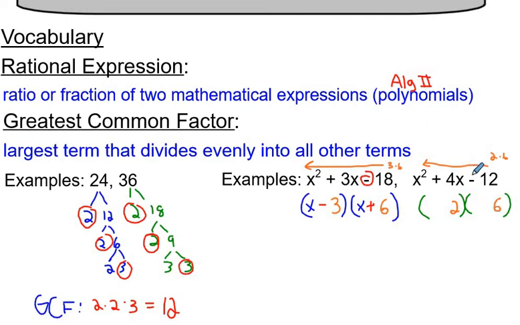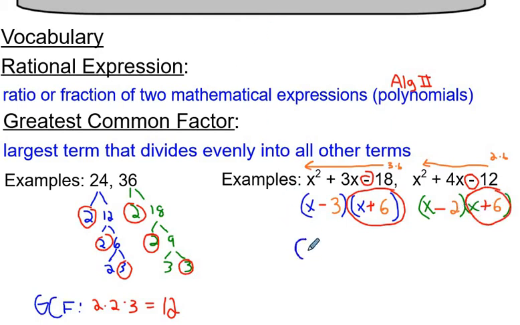And then I'm going to say, okay, this one's also subtraction, and I want the 4 to be the positive outcome. So I have a negative here and a positive there. And then I have an x to make x squared. And so then I look at it, and it becomes pretty obvious that my common term is x plus 6. And that is, again, the greatest common factor.